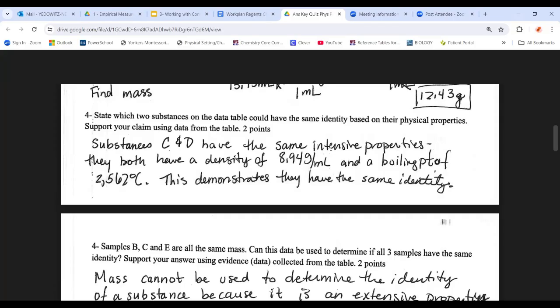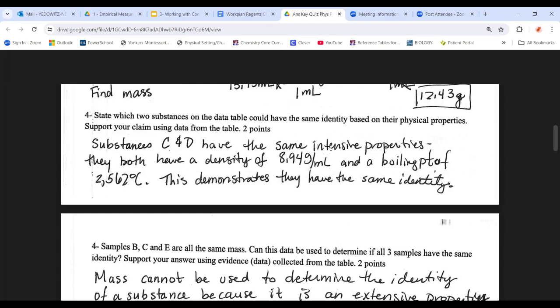Extensive properties change depending on the quantity of matter that I have. Well, intensive properties are not dependent on the quantity of matter I have. So, an intensive property, because it will be the same no matter how big or small my sample is, means I can use it to identify a substance or at least get me close to it, right? An extensive property will always be changing depending on the quantity of sample I have.